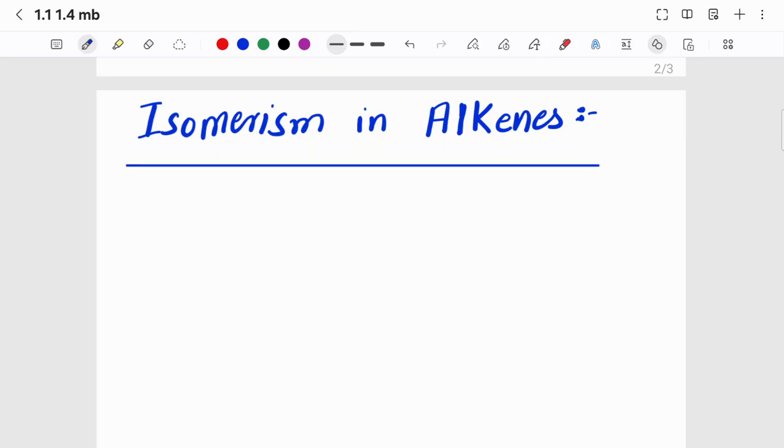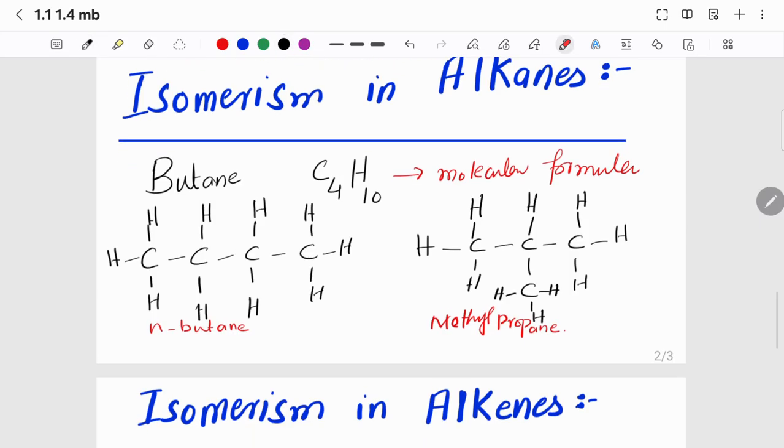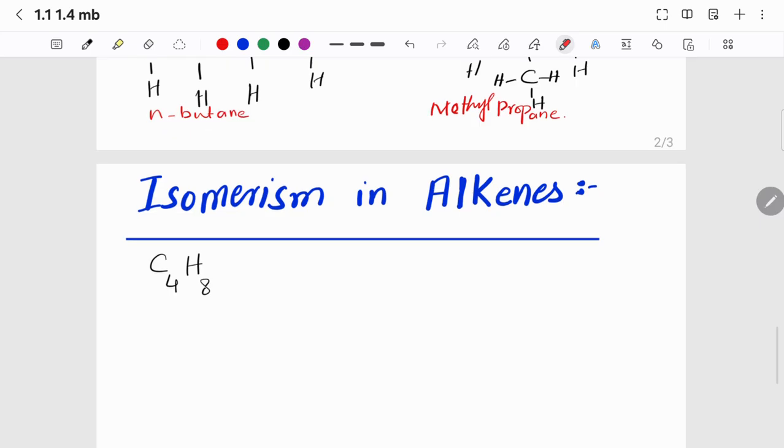So let's take the same hydrocarbon, I mean the 4 carbon alkene. So the formula would be C4H8. You can see here the formula was C4H10 because this was an alkane. Now we are talking about a 4 carbon alkene, so this would be C4H8 because it's an alkene.